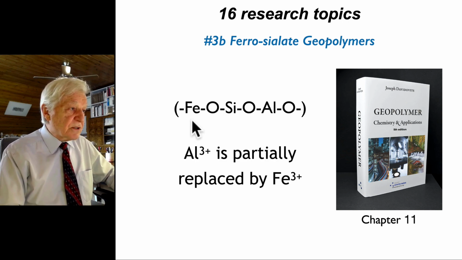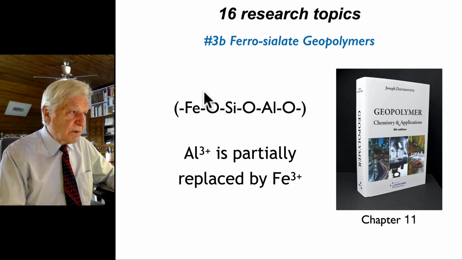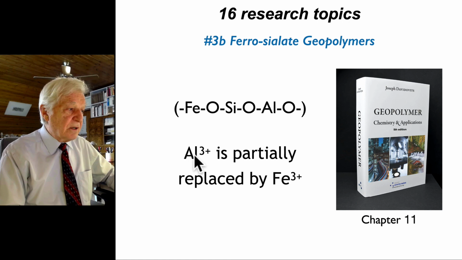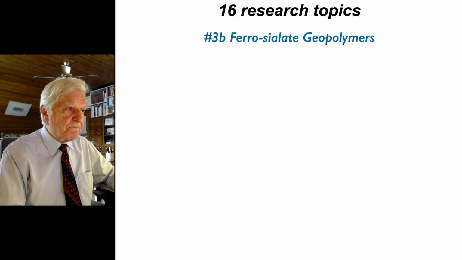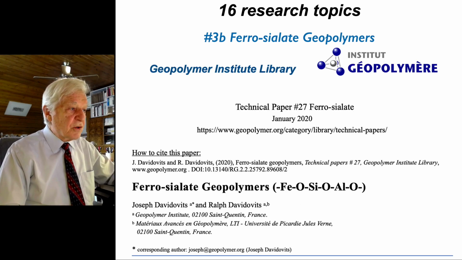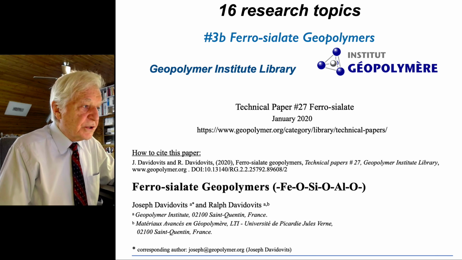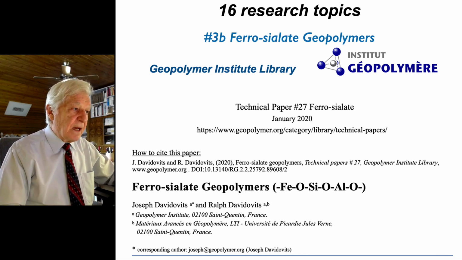It comprises the structure Fe-O-Si-O-AlO, ferro-sialate, which has part of the aluminum partially replaced by iron atoms. So it has also been put in our Geopolymer Institute library as technical paper number 27, which can be downloaded for free.